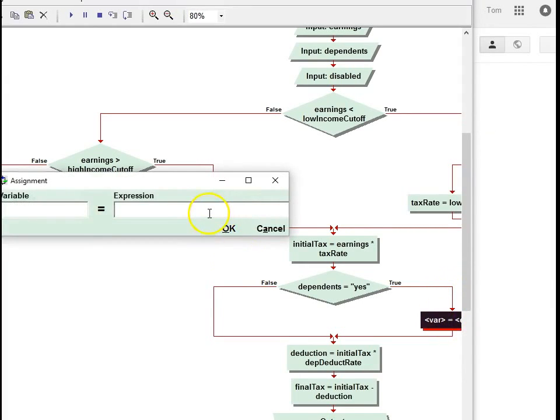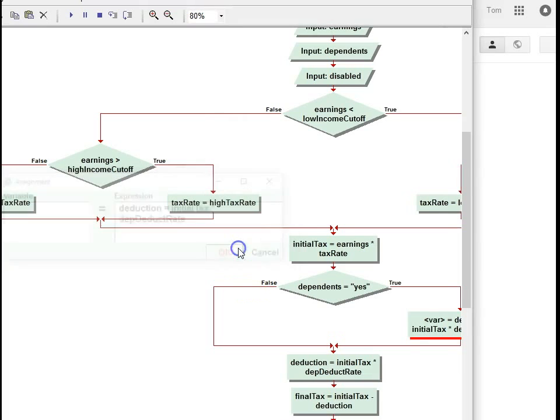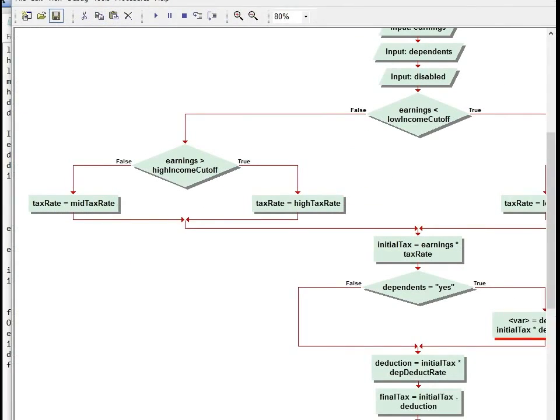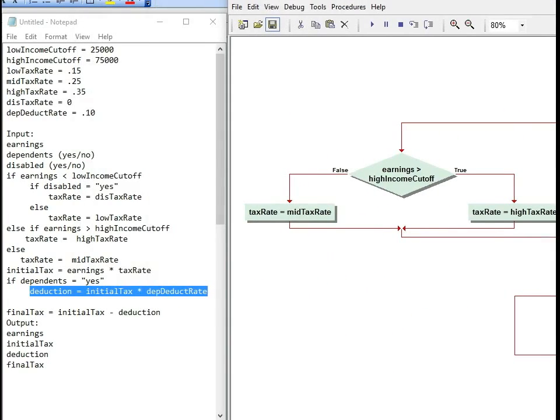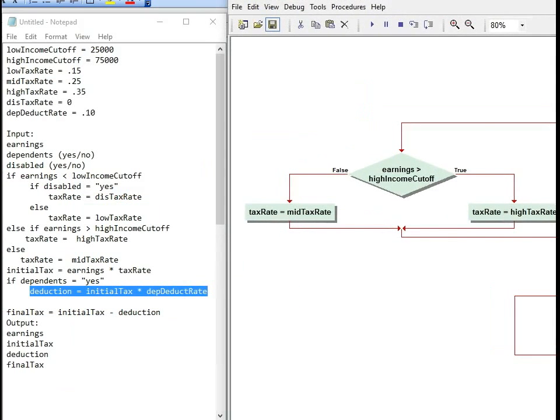We don't do anything if it's false. All right, let me see. So if dependents equals yes, there we go. All right. So that should be the whole thing.